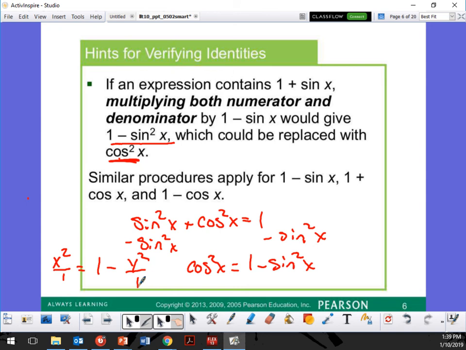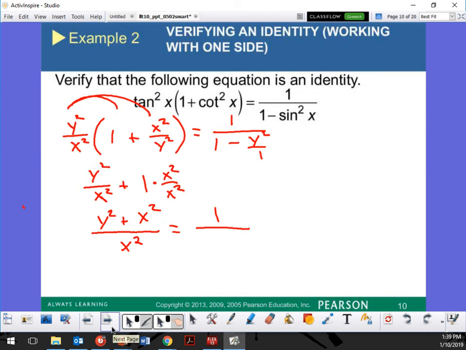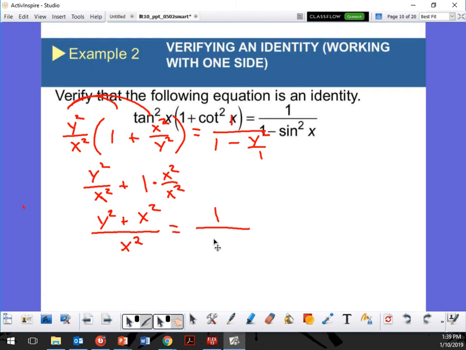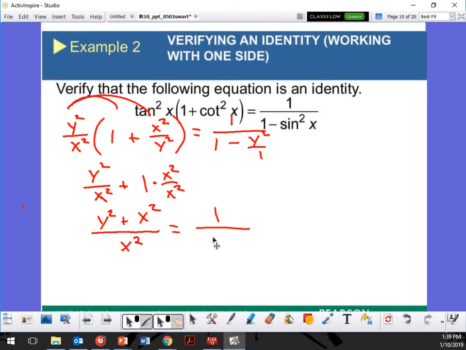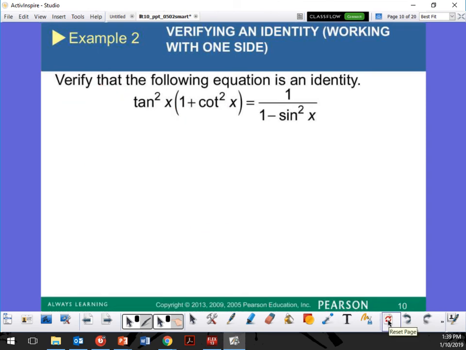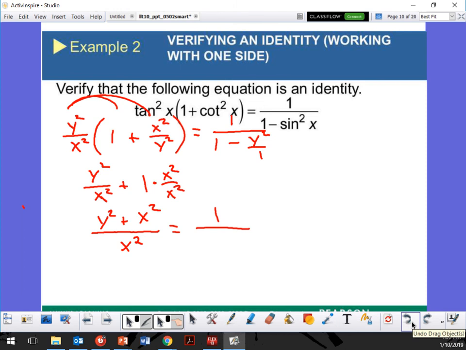Cosine is x squared, right? Sine is y squared, right? So the x squared is going to turn into 1 minus y squared, right? So I could replace x squared with 1 minus y squared. There we go.